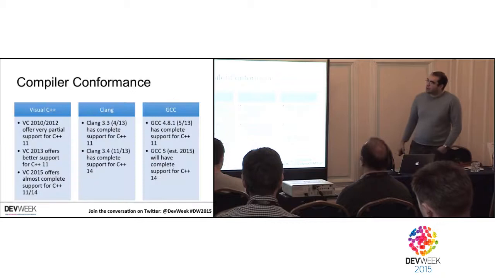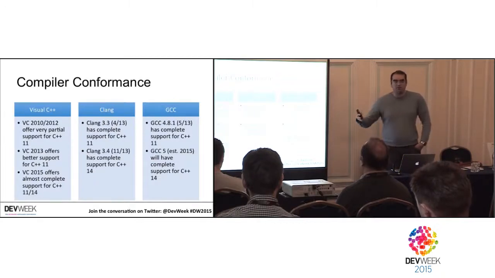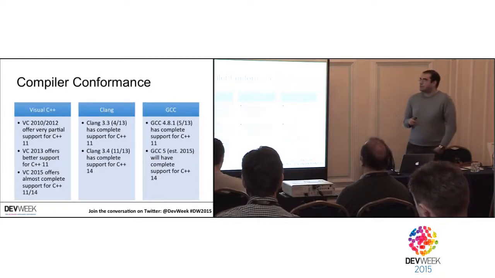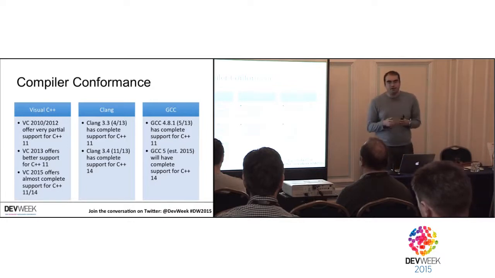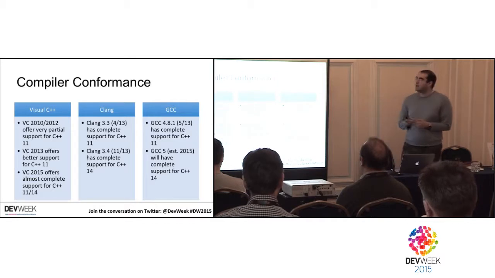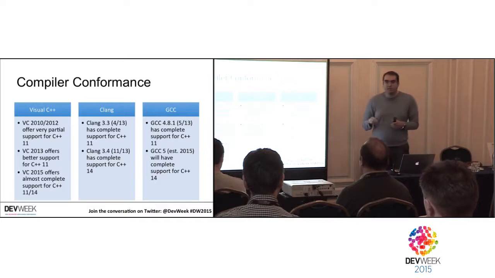Now, in terms of compilers, here are three major compiler families. So on the left, we have Visual C++, which I bet some of us use and love. And Visual C++ offered some support for C++11, for the 2011 standard, since Visual Studio 2010, so before the standard was even released. But the 2010 support isn't quite there.